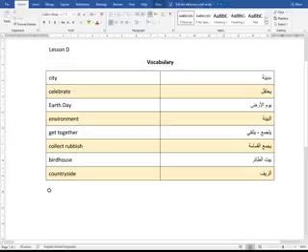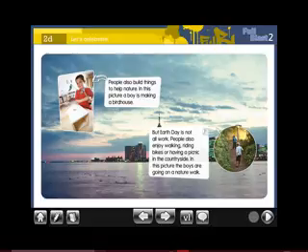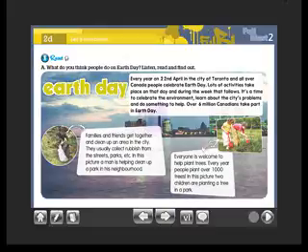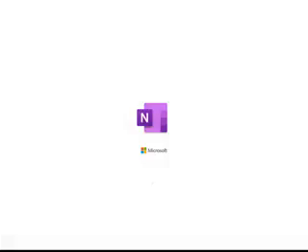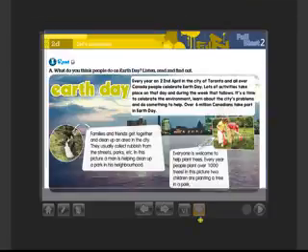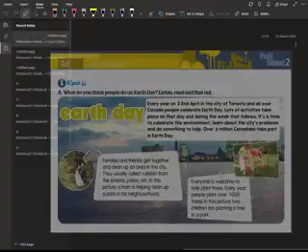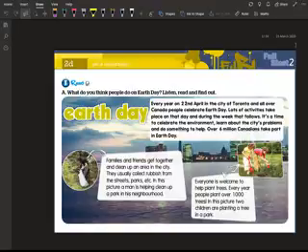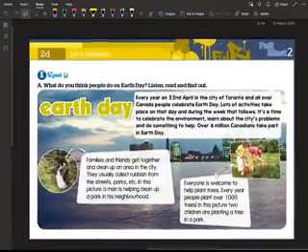Now, let's go back to the text and try to understand some ideas and read it thoroughly. Yes, Earth Day.